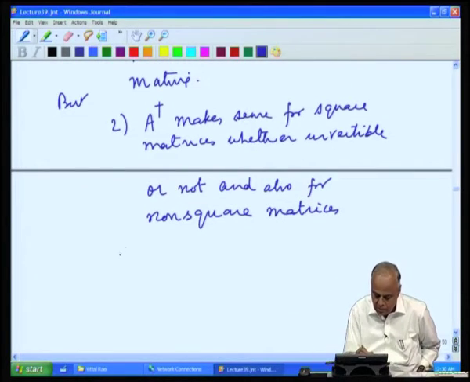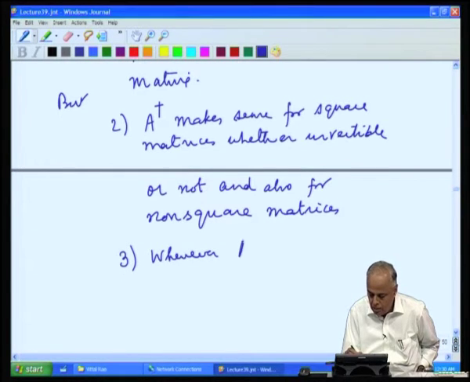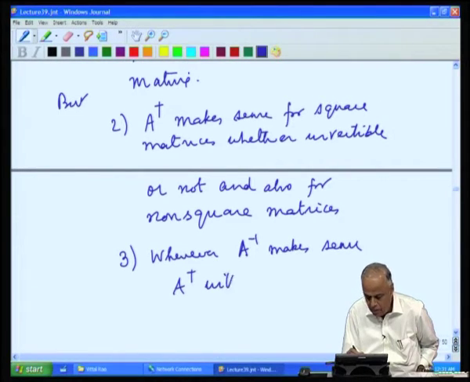And three, whenever A inverse makes sense, A dagger will be equal to A inverse.